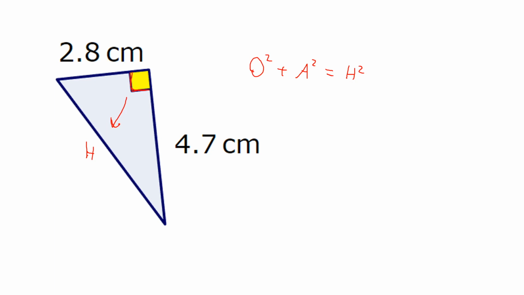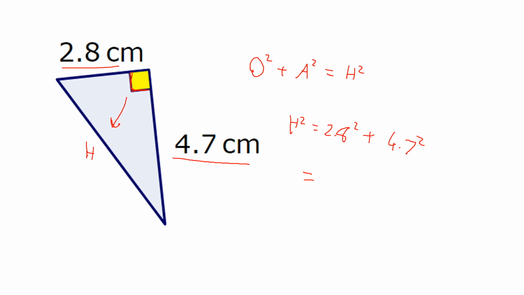So, for this example, we know that the smaller sides are 2.8 and 4.7. So therefore, h squared is going to be 2.8 squared plus 4.7 squared.